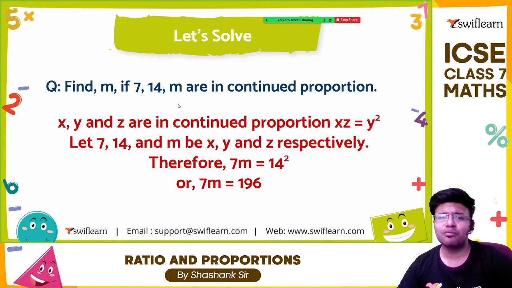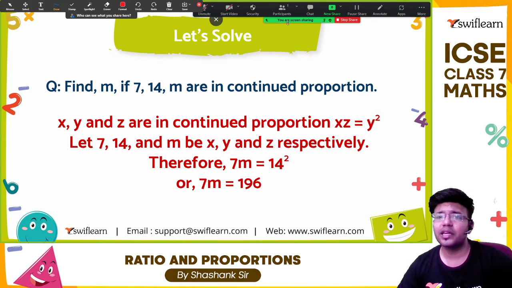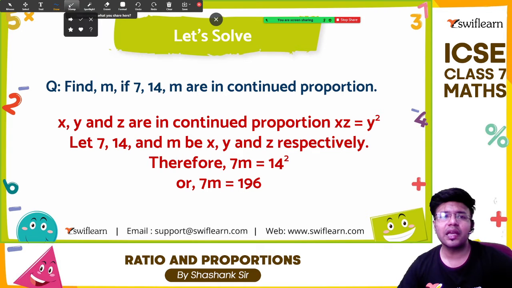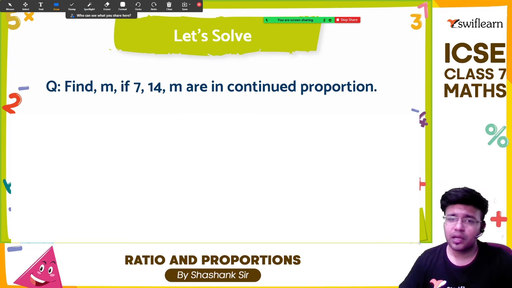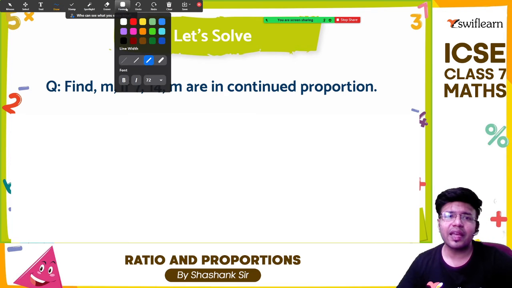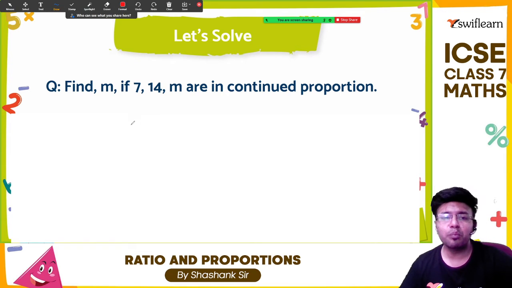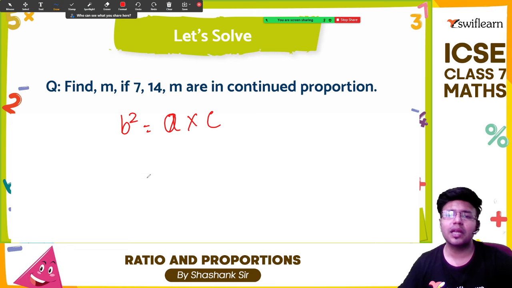Find m if they are in continued proportion. Using the properties, there are three terms, like a, b, c. The middle term squared is equal to the product of the first and the last.